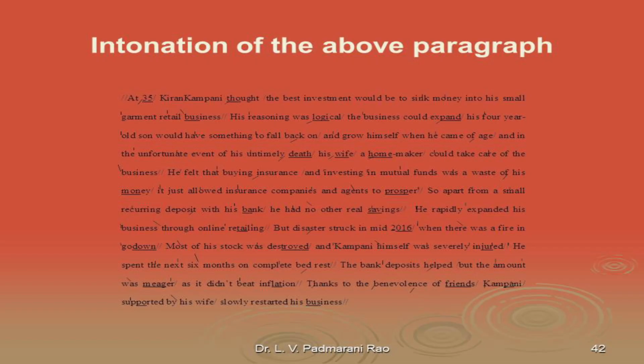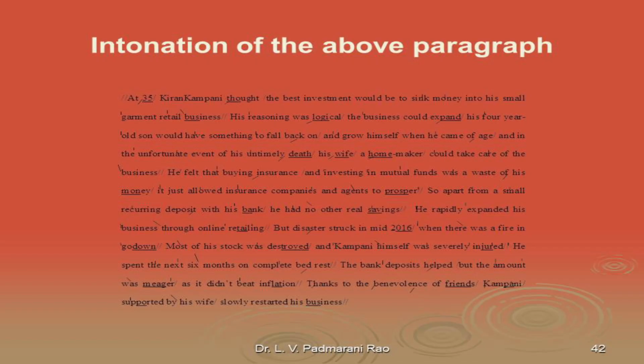And in the unfortunate event of his untimely death, his wife, a homemaker, could take care of the business. He felt that buying insurance and investing in mutual funds was a waste of money. It just allowed insurance companies and agents to prosper. So, apart from a small recurring deposit with his bank, he had no other real savings.